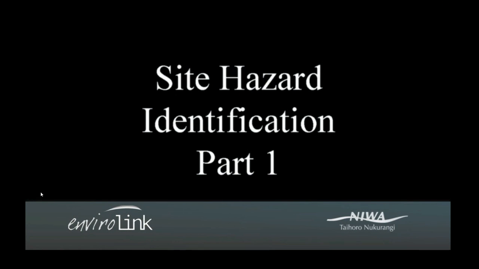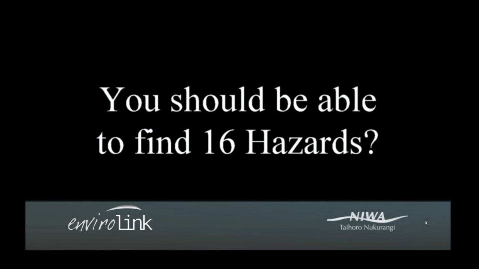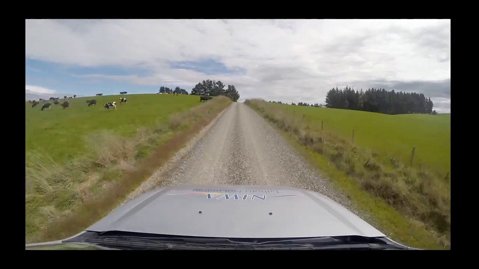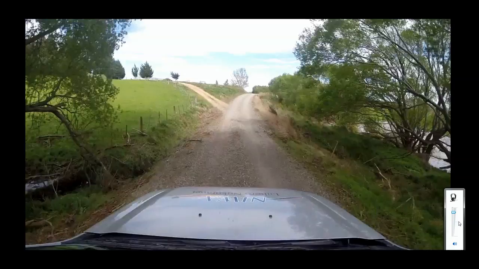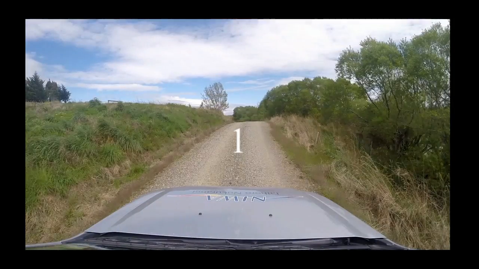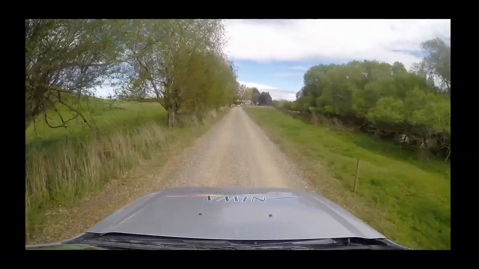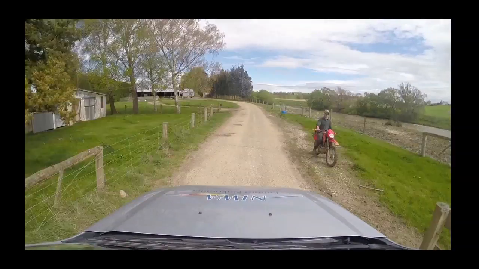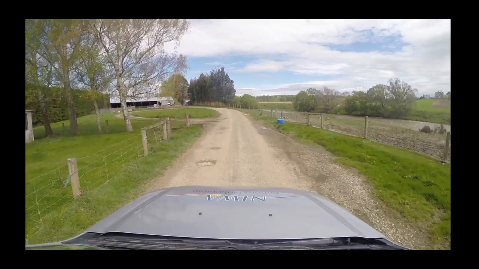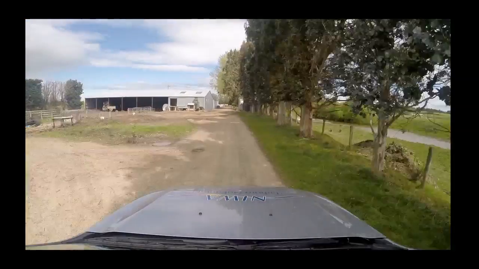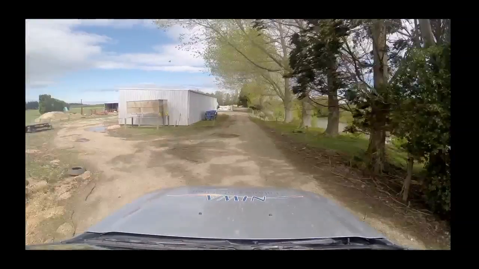And after that there's a movie or video to watch, which students need to identify 16 hazards. So here's just a sped up version of a few of those hazards. So they need to write down, identify each hazard as they're numbered here.